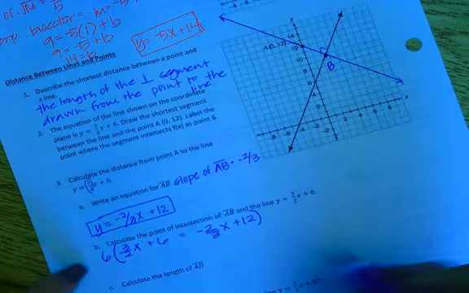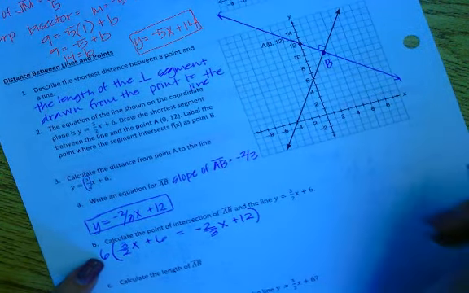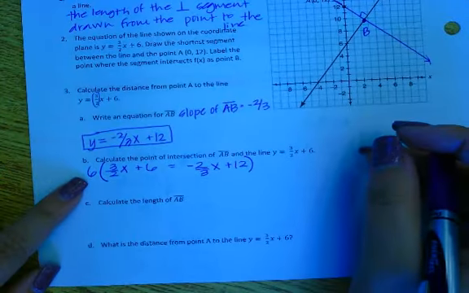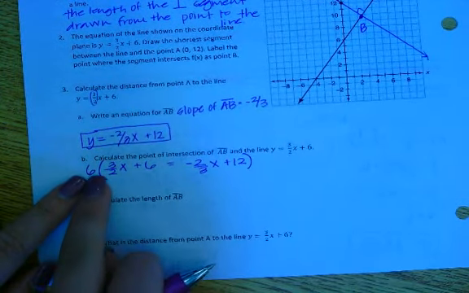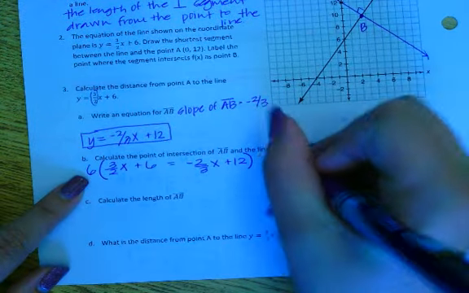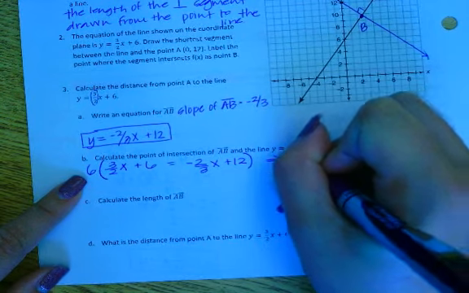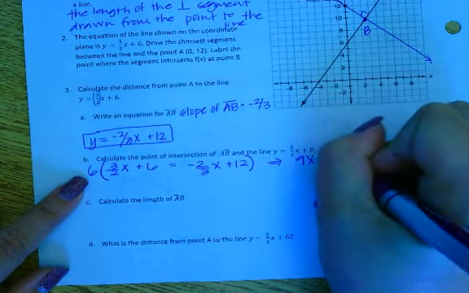What is 6 times 3/2 x? So what happens when I multiply 6 times 3/2? 9x. What's 6 times 6? Okay.